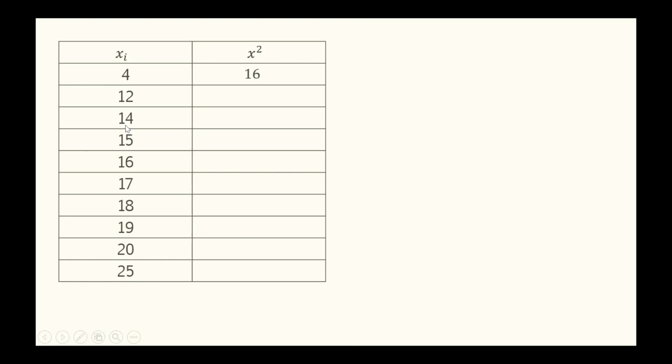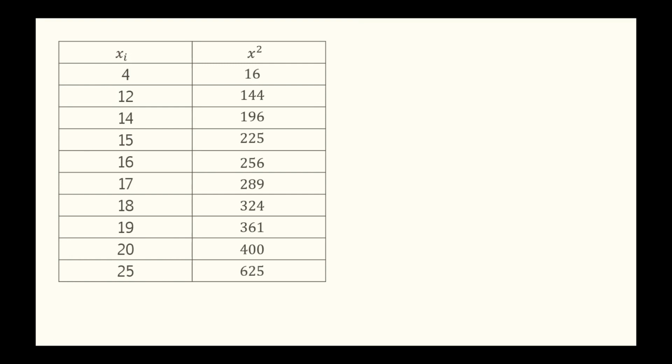So, 4 squared is 16, 12 squared is 144, 14 squared is 196, 15 squared is 225, 16 squared is 256, 17 squared is 289, 18 squared is 324, 19 squared is 361, 20 squared is 400, and 25 squared is 625.